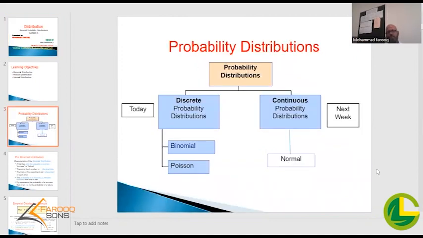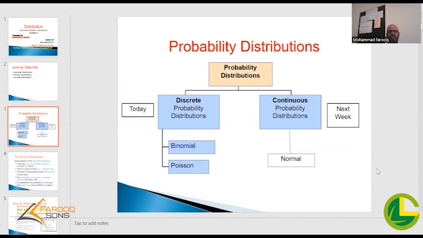Before going to probability distribution, you must know what a distribution is and which distribution is suitable for the given data. In statistics, as I explained many times in class, we normally discuss two kinds of variable.